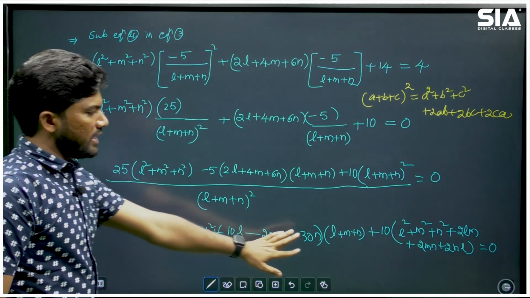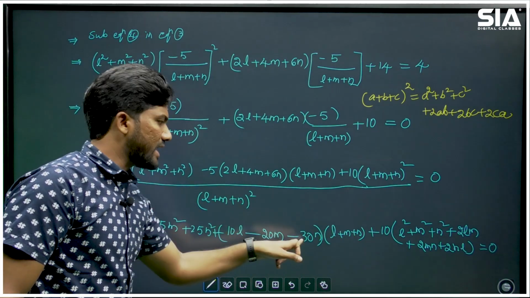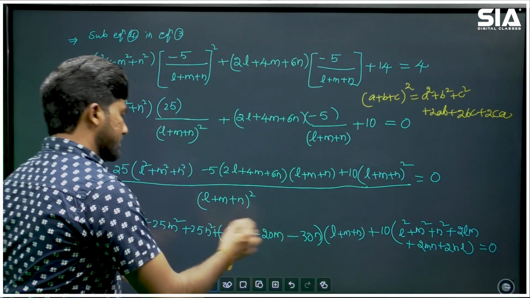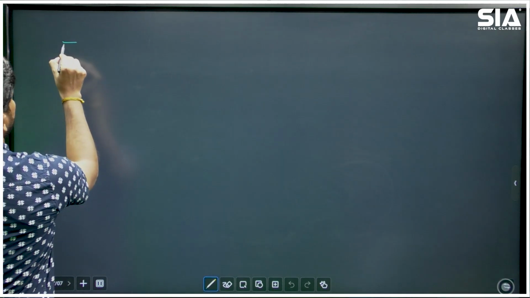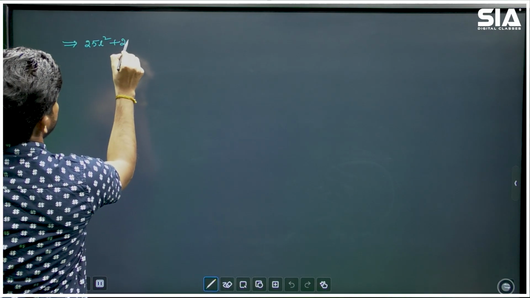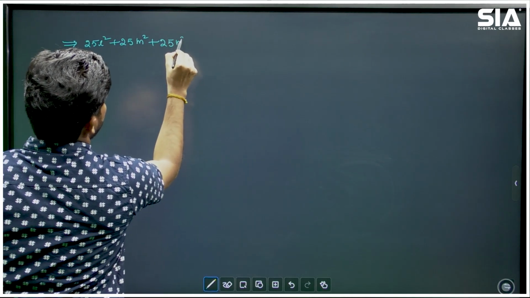Now, whatever the remaining terms are there, multiply this L plus M plus N with this total factor, and multiply this 10 value with this total factor and simplify. Then the remaining value I am writing: 25 L square plus 25 M square plus 25 N square.